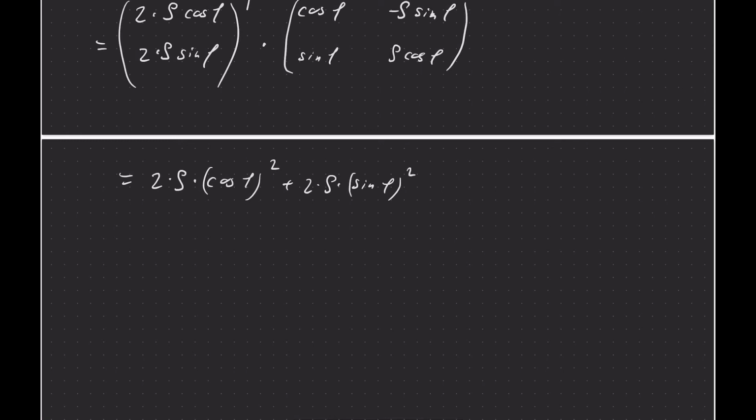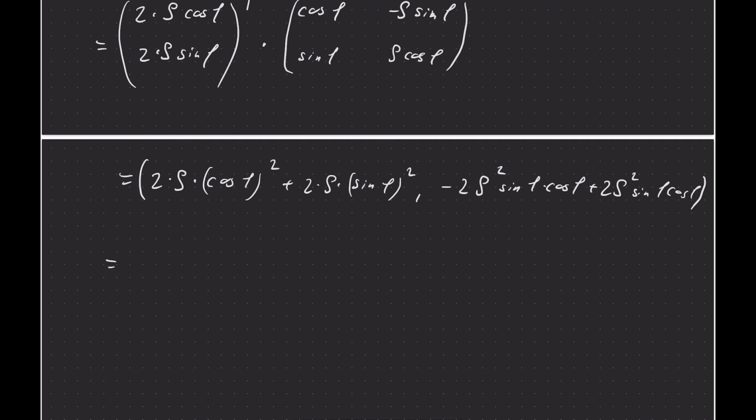So that's the first component here. We're getting 1 row, 2 columns, so that's the first column. And the second column is then going to be minus 2 rho squared sine phi cosine phi plus 2 rho squared sine phi cosine phi.